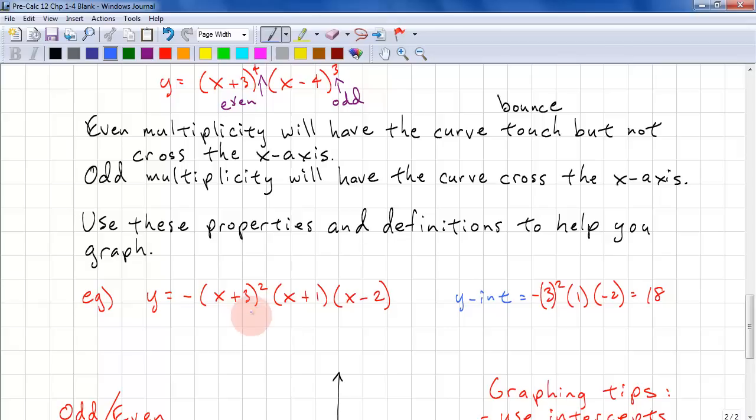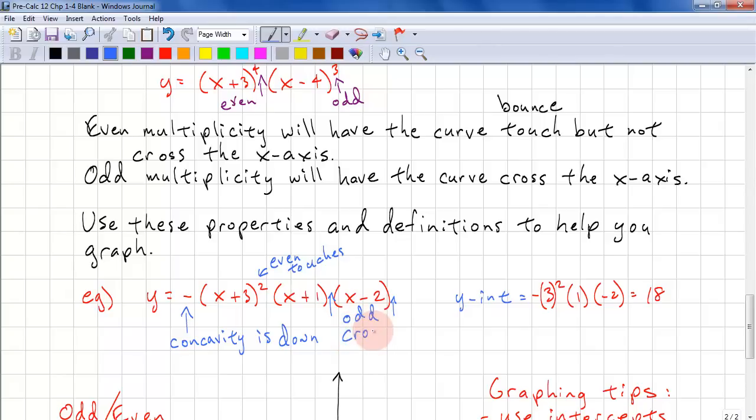Okay, so how do we decode this? This implies the concavity is down. And this is even. So it touches. And for these two, we have odd.